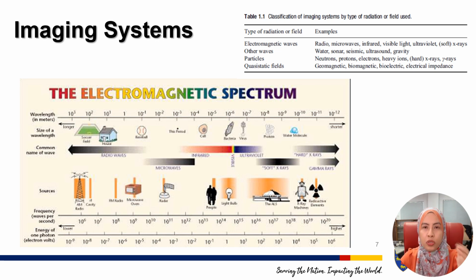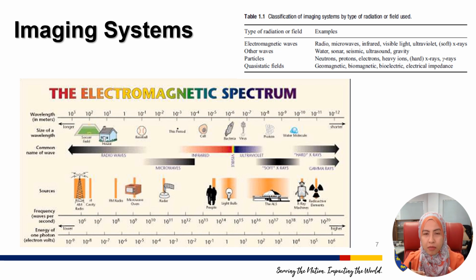So let's go to the basic part of the imaging system. Imaging is actually a 2D signal. A one-dimensional signal is what you normally hear from sound. But the imaging system gives 2D or 3D images that you can see with your naked eyes. There are many types of radiation.